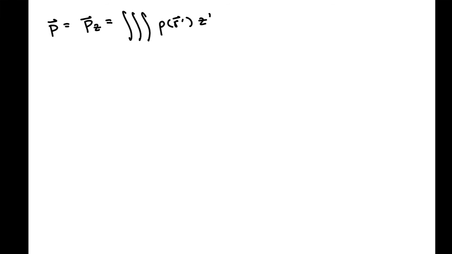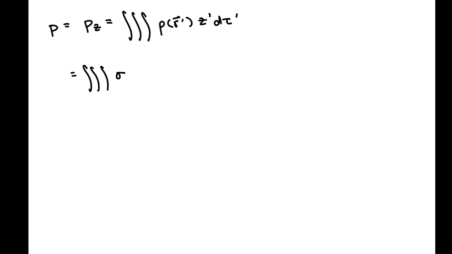And if I'm just looking for the magnitude, I can get rid of my vector signs here. Since it's only in the z direction, the magnitude is fully determined by the length of the z hat component. Okay, writing out what all of those terms are.